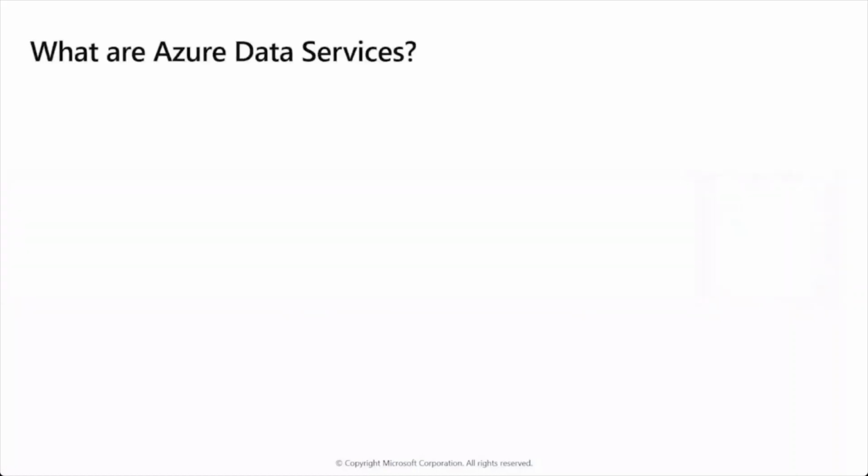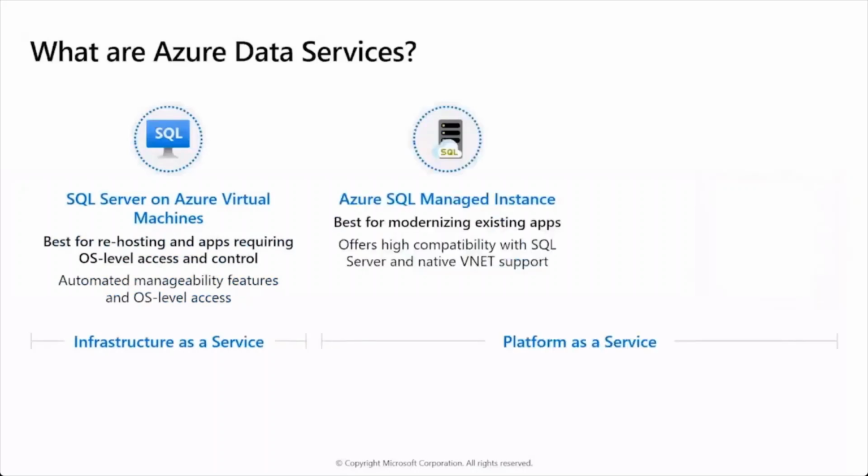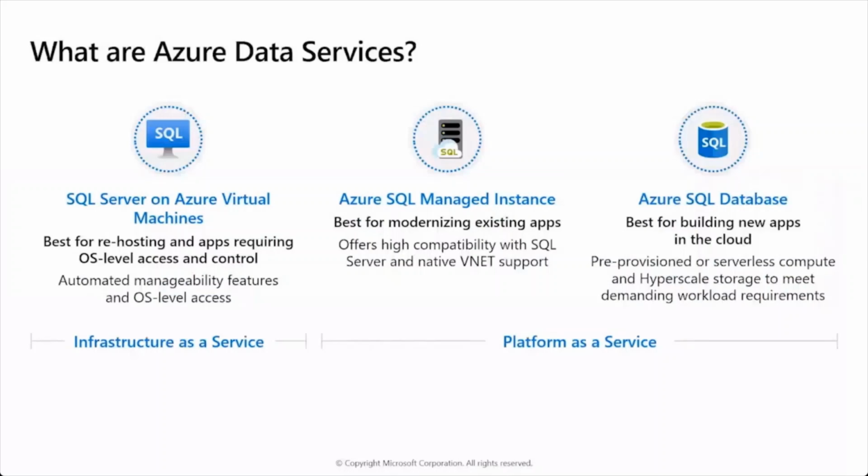So what are some of the Azure relational data services? Well, we've got SQL Server on Azure Virtual Machines, we've got Azure SQL Managed Instances, and Azure SQL Database. So Azure offers a range of options for running a database management system in the cloud. For example, you can migrate your on-premises systems to a collection of Azure Virtual Machines.